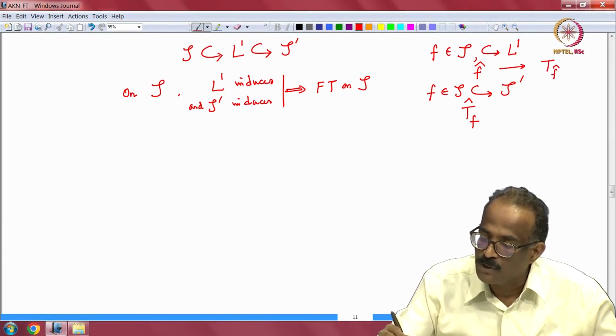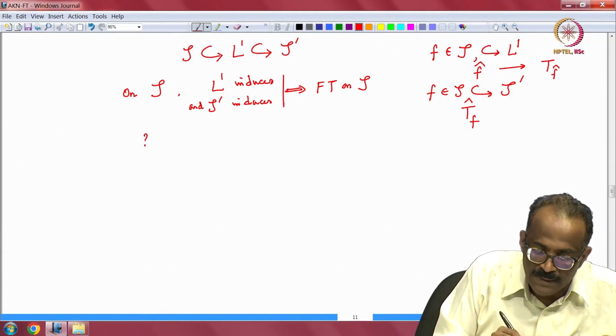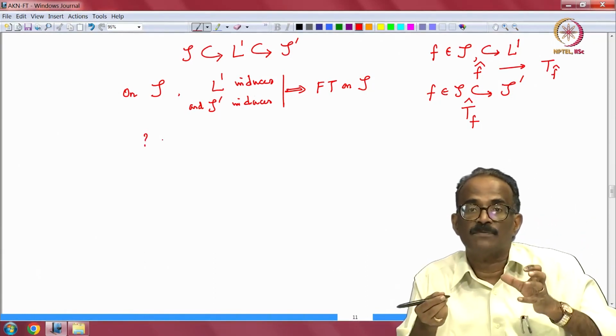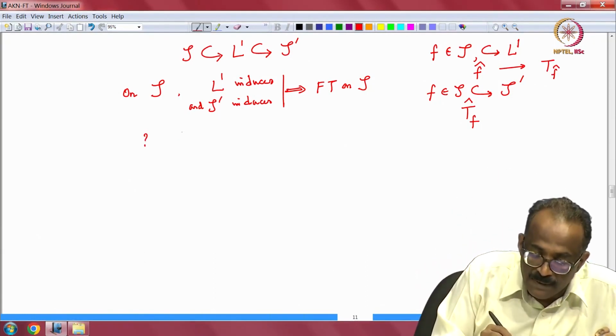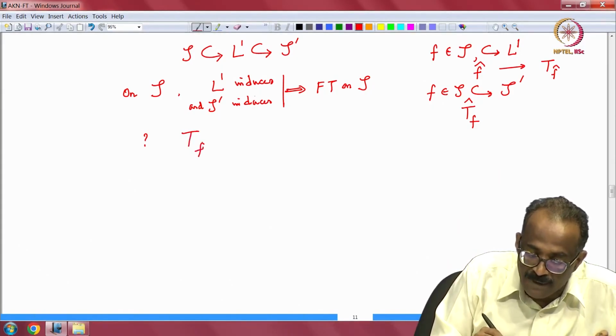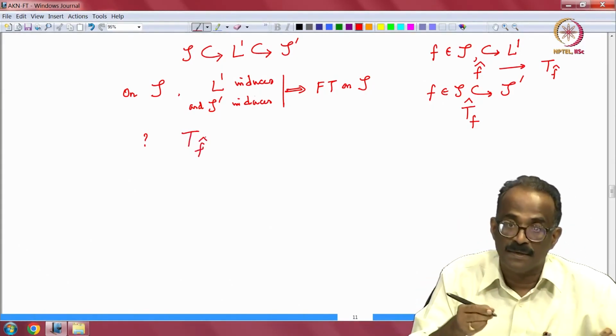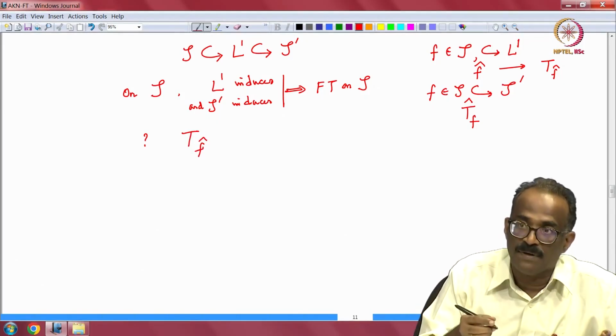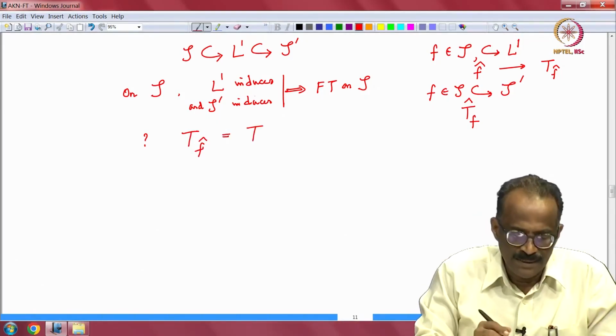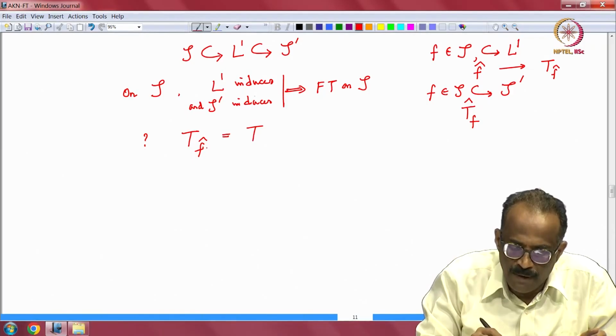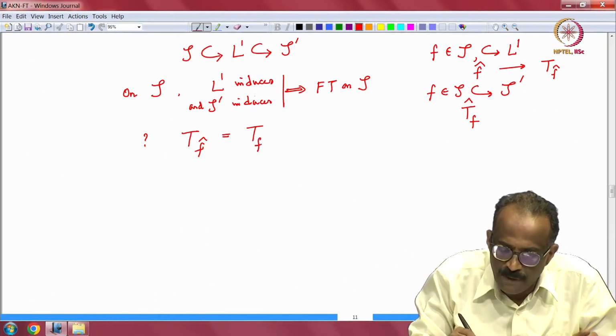The question is that you want both Fourier transforms to be the same. In other words, T f hat, the Fourier transform given by an L1 function, hence we have to prove that (Tf) hat is equal to T f hat.